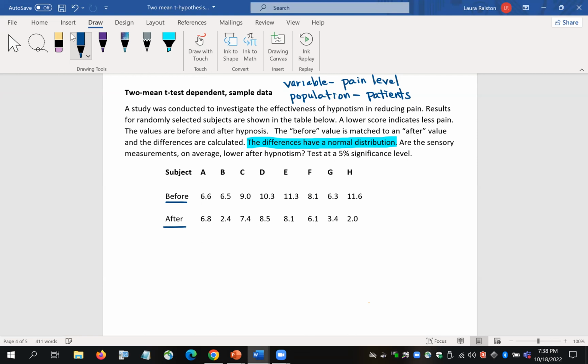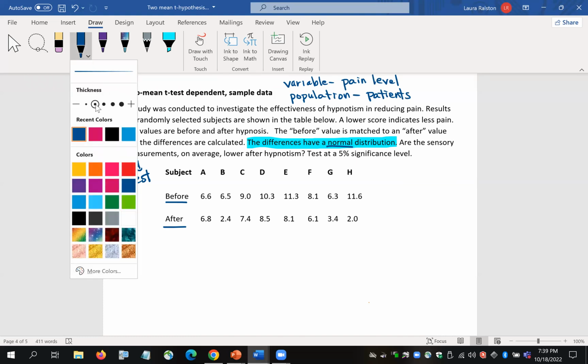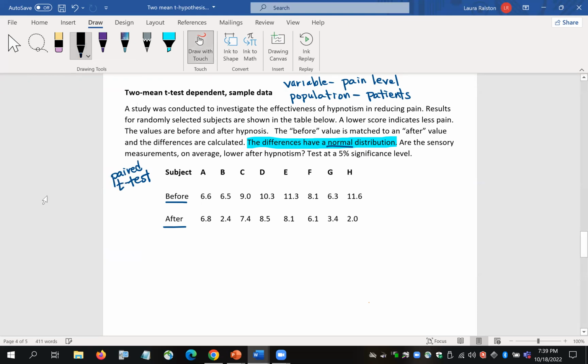That helps me: I have one variable, one population, but two measurements taken at different times. That's the clue that this is a paired t-test. And the fact that it's normal lets me know that I can do that parametric test. So we begin the hypothesis test like we always do. We state the hypotheses.